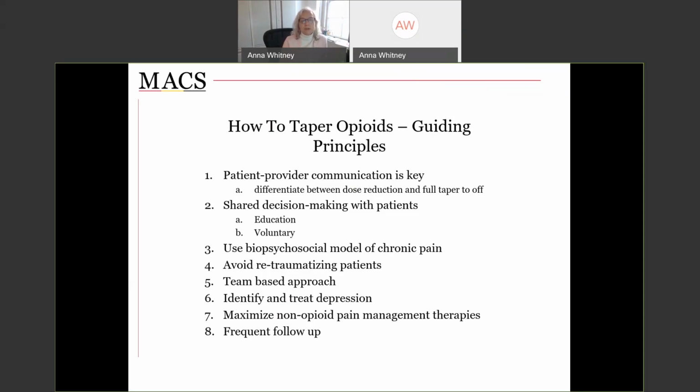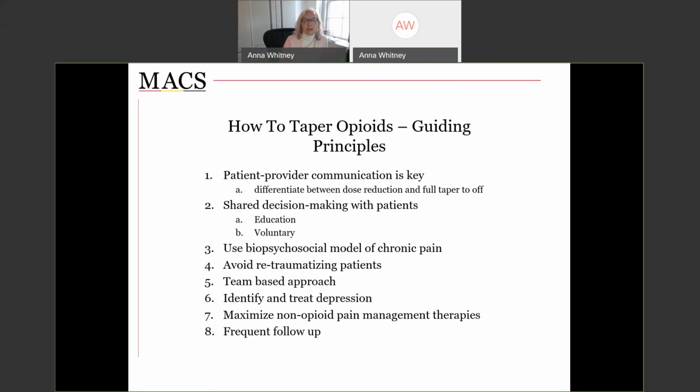So really differentiating between what may be dose reduction, let's try a small reduction in your dose, and maybe not even talking about a full taper to off. Maybe we start with just seeing how you tolerate a small reduction in your dose and making sure that while we're doing that, we're not worsening your pain or your function.